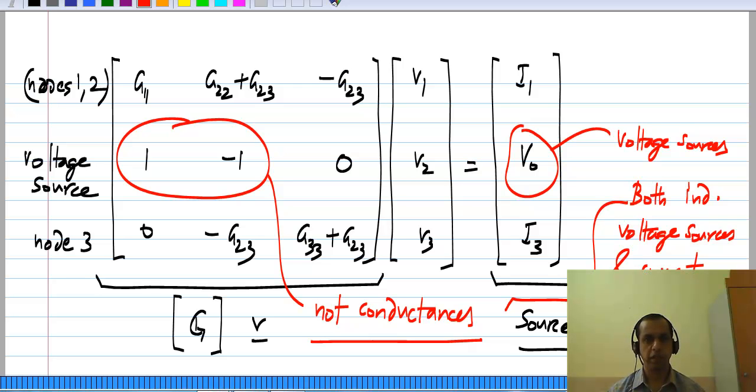So when you have voltage sources in the circuit, you can form supernodes consisting of the nodes between which the voltage source is connected, and then go ahead with nodal analysis. So in summary, when you have voltage sources in the circuit, you form a supernode consisting of the nodes to which the voltage source is connected, write a single equation for the supernode, and you add the constraint imposed by the voltage source between particular nodes.